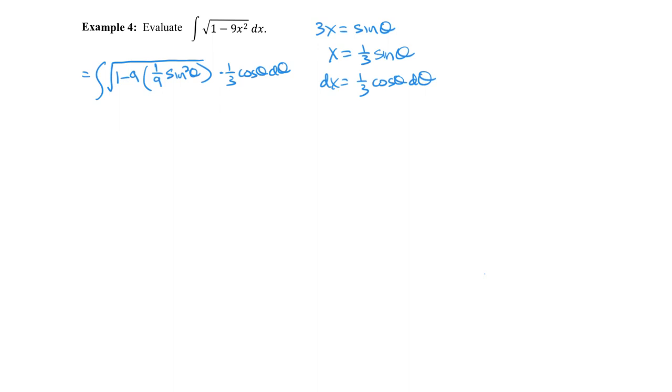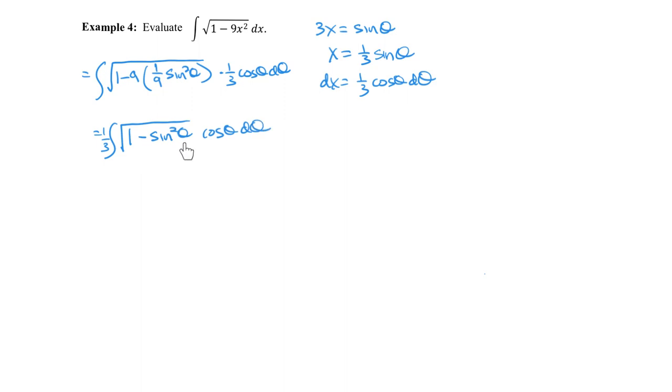All right, so looking at this, I can multiply this, and we're going to get 1 minus sine squared theta. Now the 1/3, we could bring out in front of the integral, cosine theta d theta.